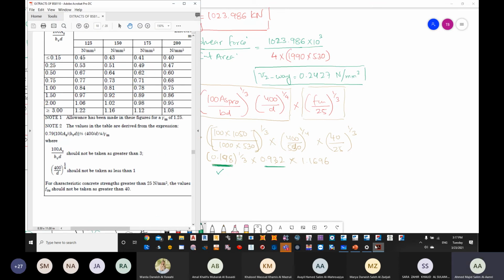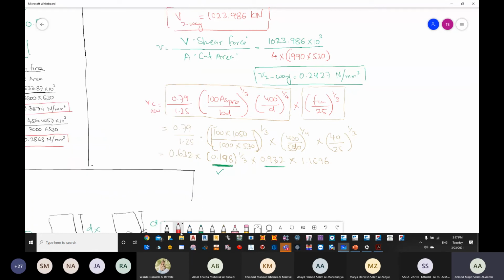No. So what we need to do is cancel this, and instead of it we are going to take the value of 1, because the minimum value is 1. You cannot go lesser than 1. So directly, in short, if your depth is more than 400, keep this one to be 1.